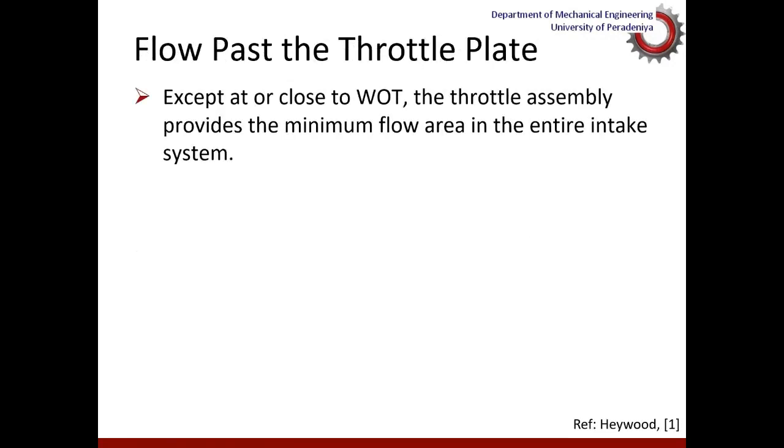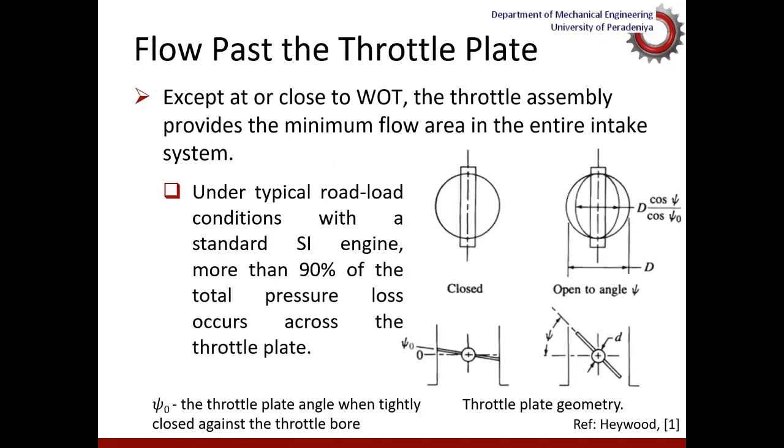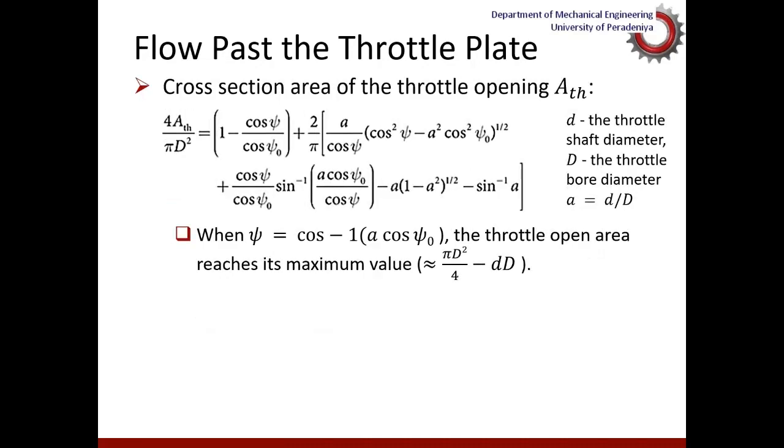And if you do a similar analysis, you can find the flow through the throttle plate also. The throttle plate geometry is given here. Psi is the valve open angle, and D is the diameter of the pin. And we can find the areas geometrically as a function of the diameter of the throttle opening.